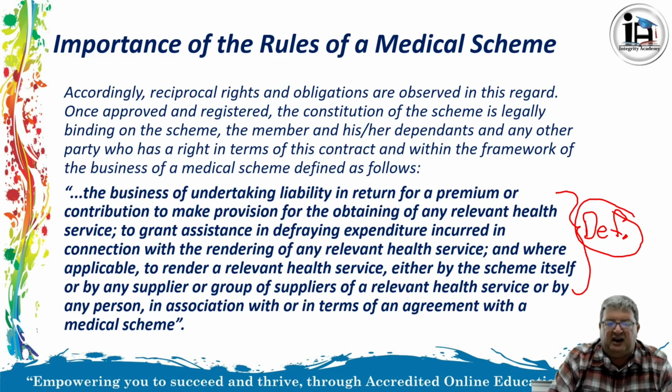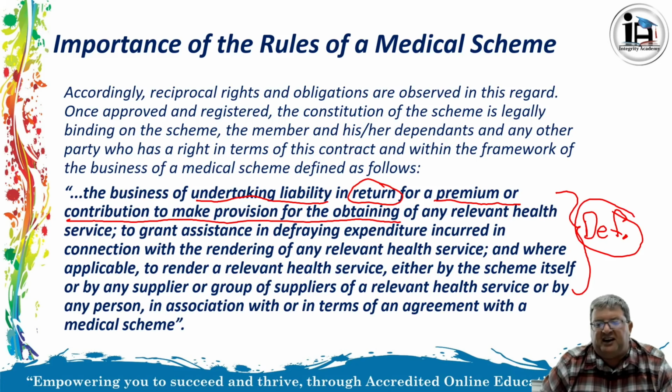So if they undertake a liability in return for a premium or a contribution to make provision for the obtaining of any relevant health service, to grant assistance in defraying expenditure incurred in connection with the rendering of any relevant health service, and where applicable, to render a relevant health service either by the scheme itself or by any supplier or group of suppliers of a relevant health service, or by any person in association with or in terms of an agreement with a medical scheme.